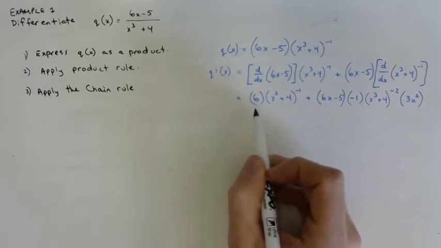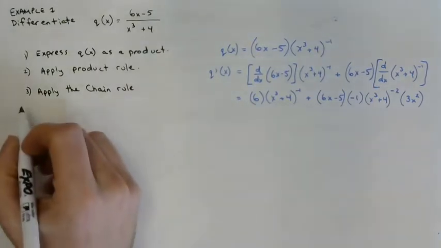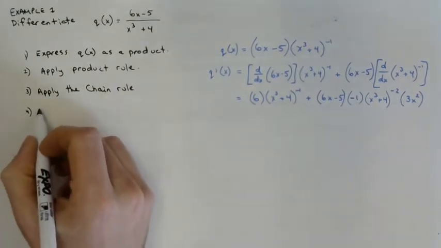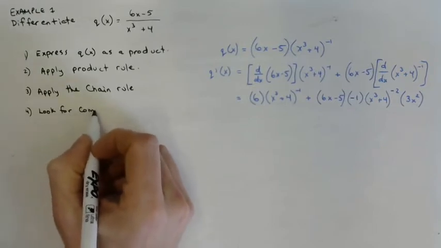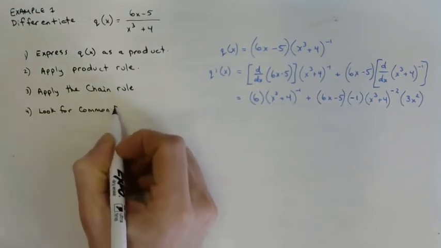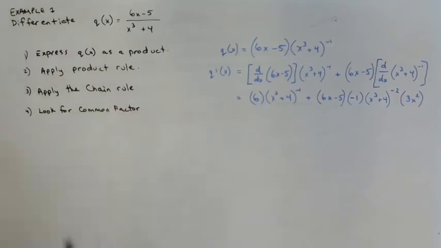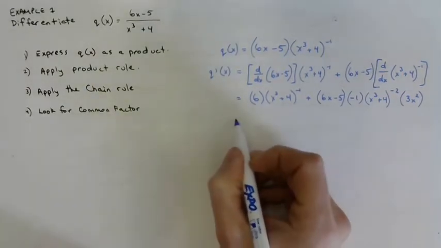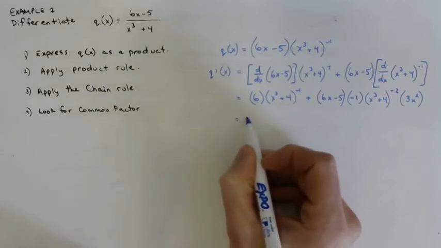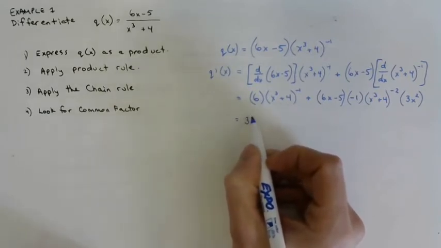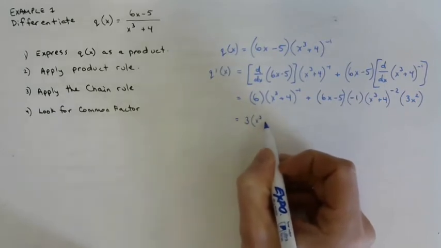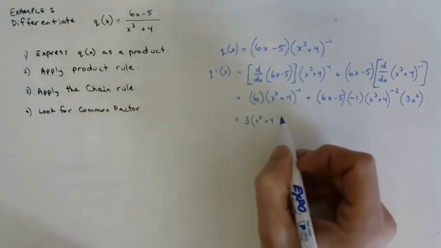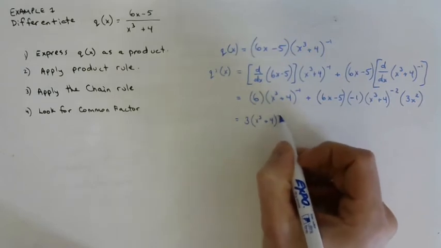So let's pull out this common factor. This is a new part, really. The common factor in this case is 3 times x cubed plus 4 to the power of negative 2.